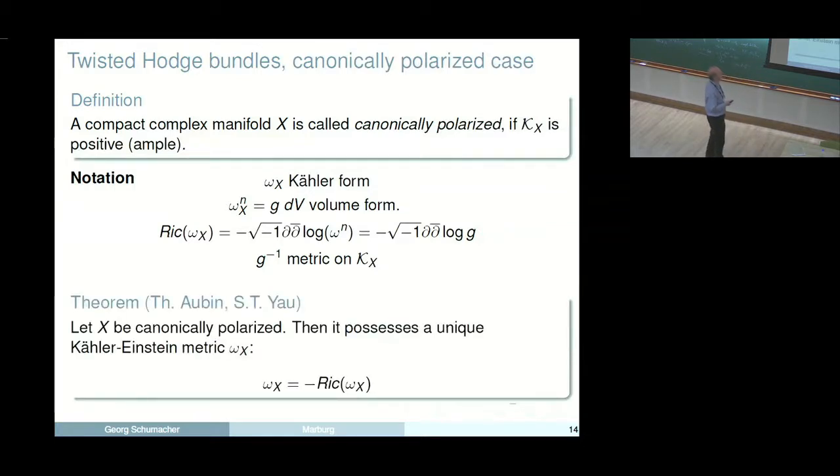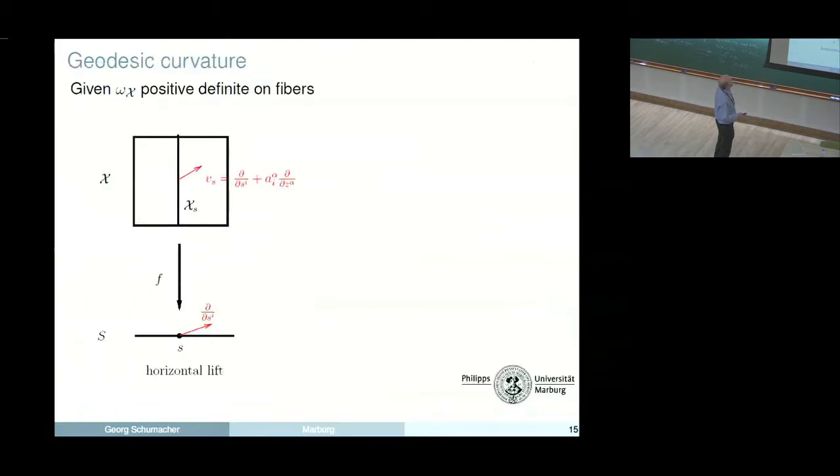And the theorem of Aubin and Yau says the existence of a unique Kähler-Einstein metric. So the Ricci tensor is up to a sign equal to the metric tensor. And this is the case we are going to look at.